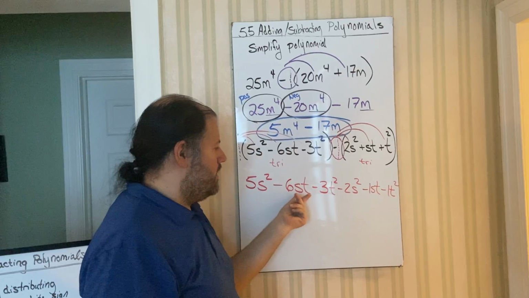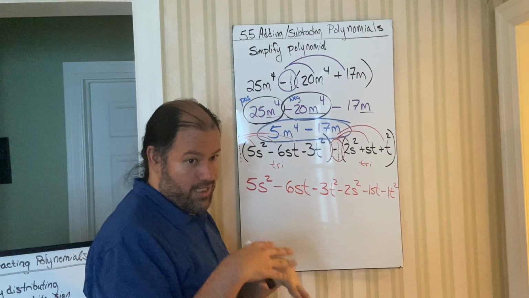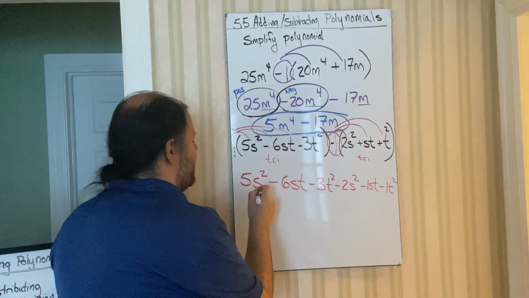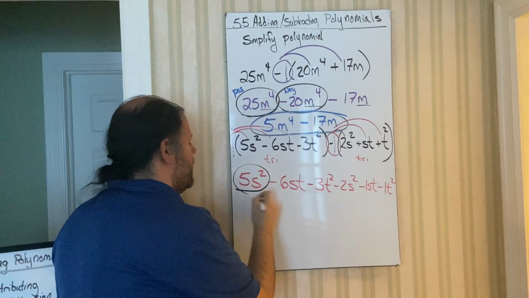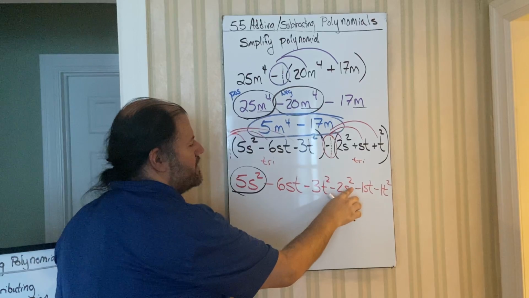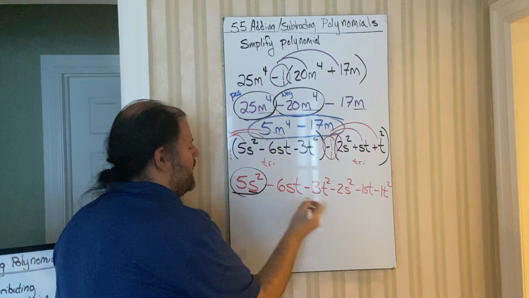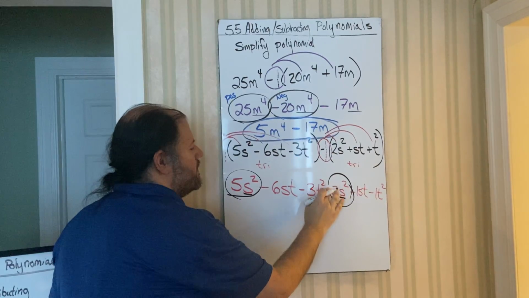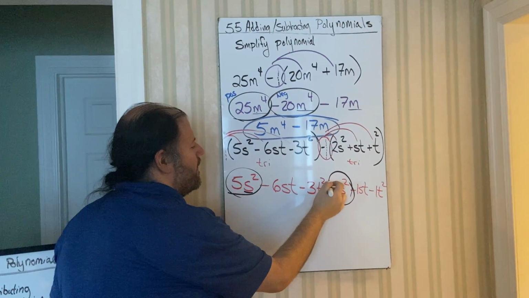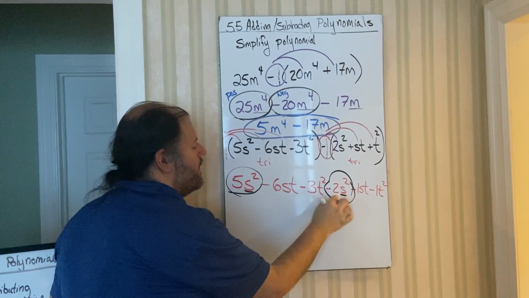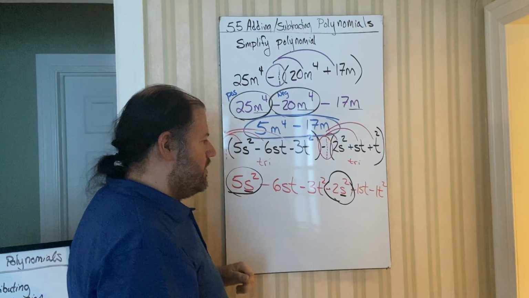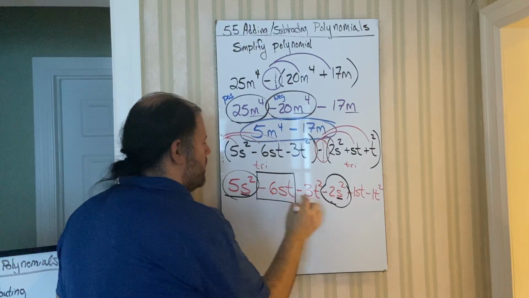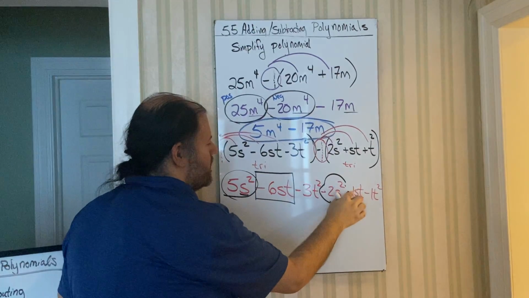You're just looking to see which ones have the same matching variable part. It doesn't matter if it has 2 letters or 1 letter, you're just looking like a puzzle to see what pieces match. So we know an s squared can collect with another s squared. See how they have the same variable part? And make sure you include the sign. So I'll make this a little bit bigger. What else are like terms? This guy with this guy.